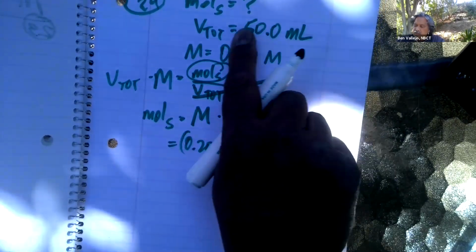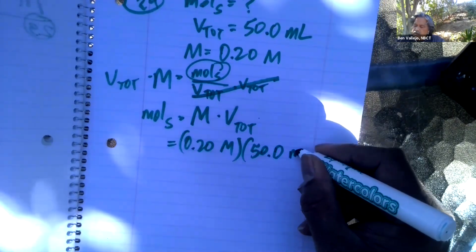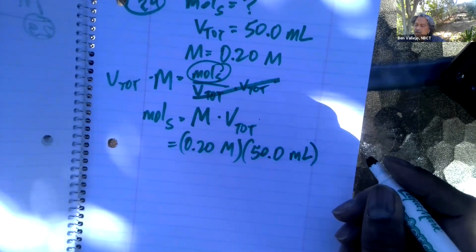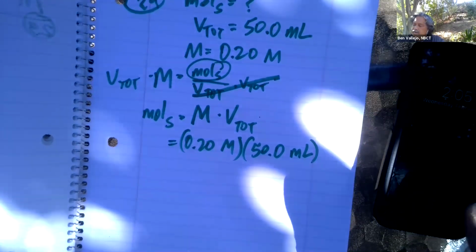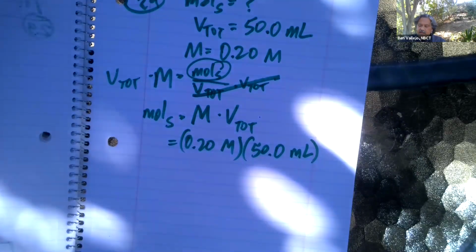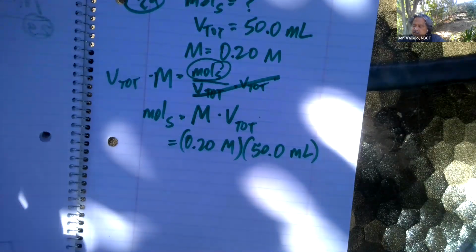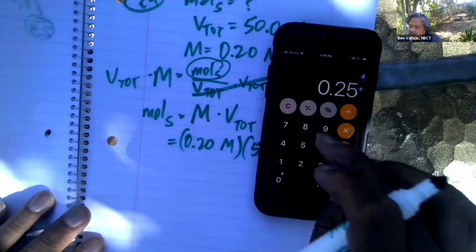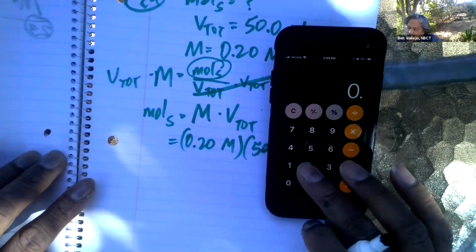Volume was 50.0 mL. Okay, and then what you get is multiplying that out. Let's do a visual so that you can see it, even though my buttons are a little goofy today. 0.2.